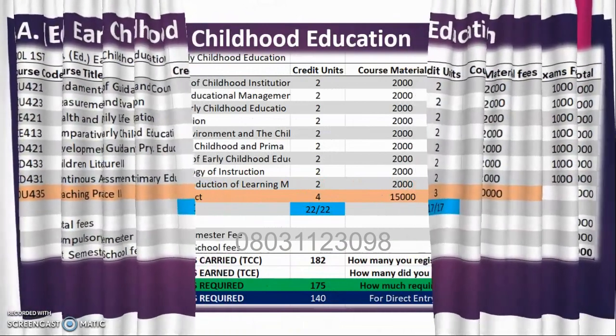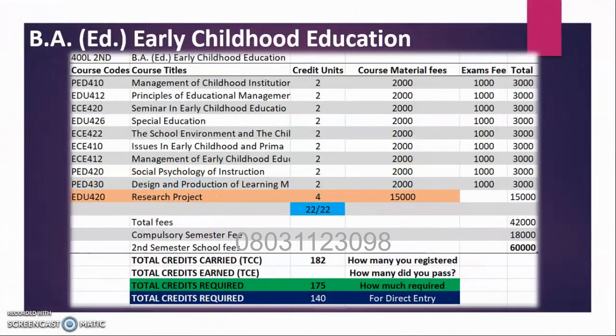And welcome to your last and final semester. If you have successfully cleared all your carryovers, you should be here and you will have your project for 4 units. 15,000 is the standard cost of projects for any undergraduate program in NOUN.